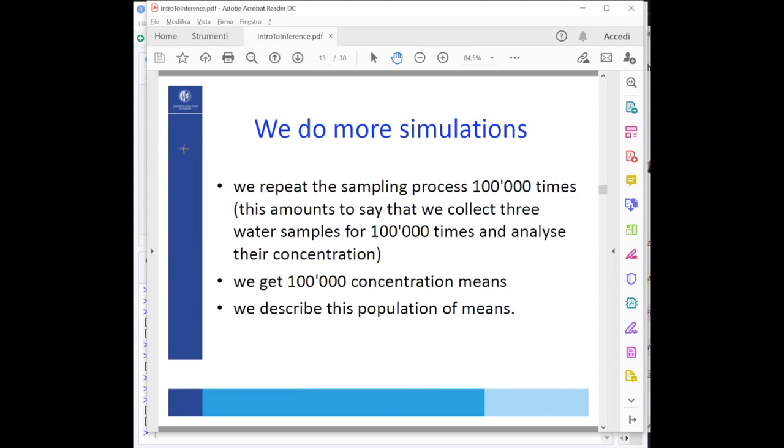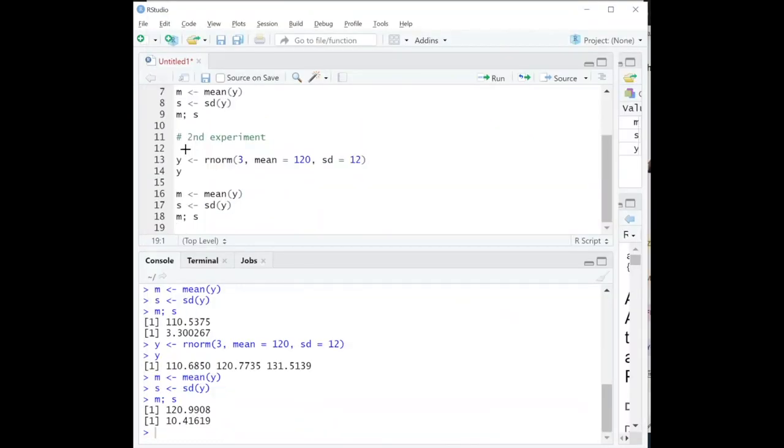If we do this 100,000 times, we get 100,000 means, because we have 100,000 samples composed of 3 individuals. Next we try to describe the population of means. So we have a population of subjects, which is our well, and then we have a population of means, which is the result of repeating the experiment a very high number of times. Let's do this. I'll show you.